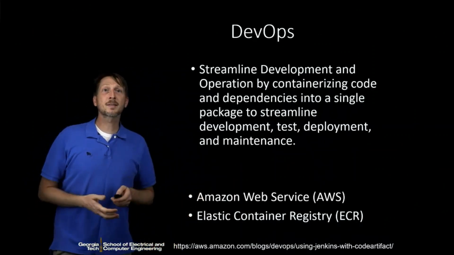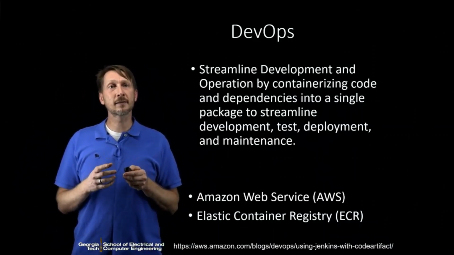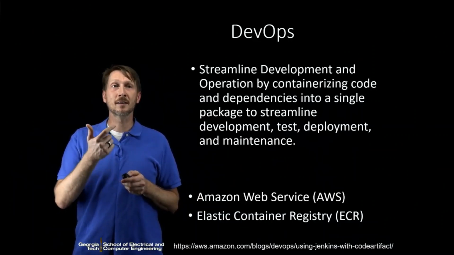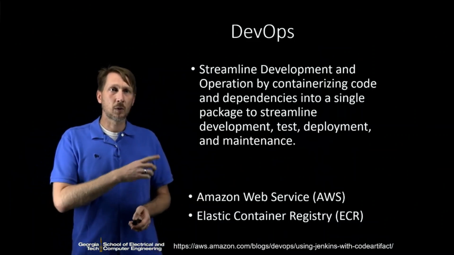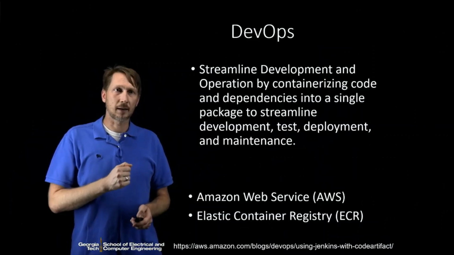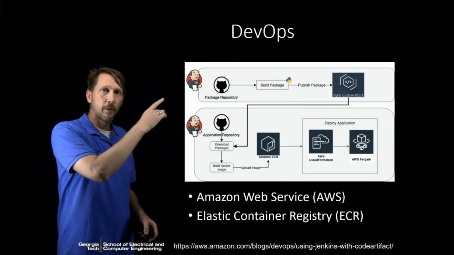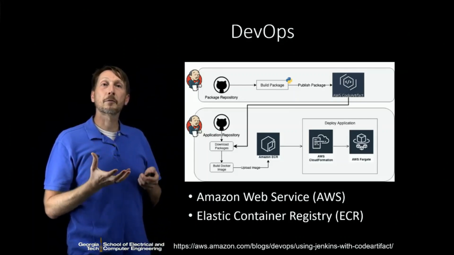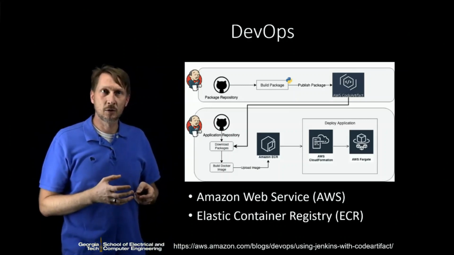DevOps streamlines development and operations by containerizing code and dependencies into a single package to streamline development, test, deployment, and maintenance. Some examples of these nomenclatures of these: Amazon Web Services and Elastic Container Registry. We'll see those in this illustration. We have Jenkins that is controlling this process flow at the top with a repository management system that is moving a package forward.